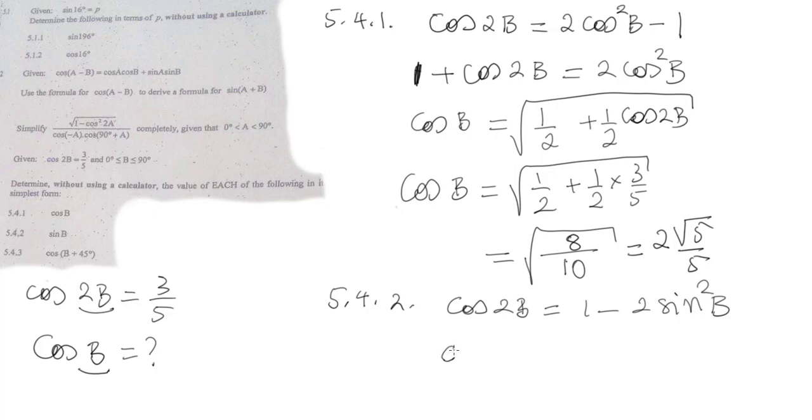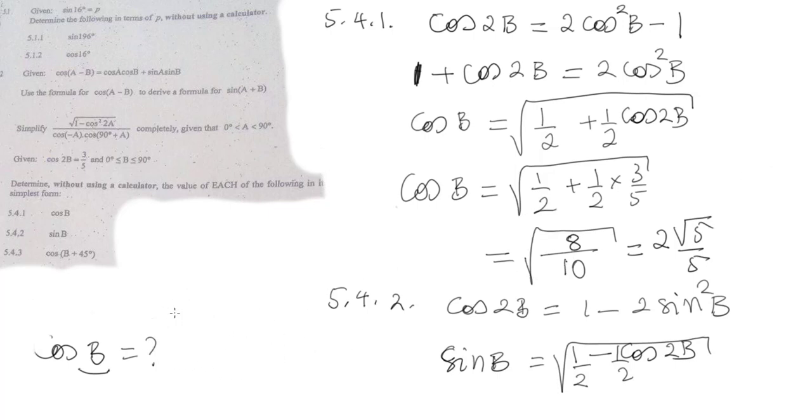We'll have sin b will be the square root of 1 over 2 minus 1 over 2 cos 2b.